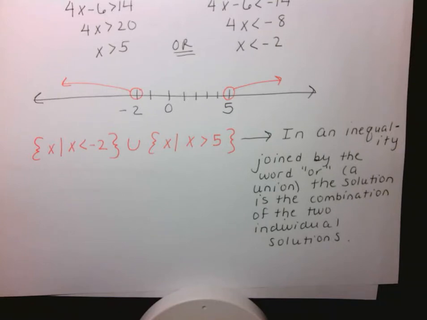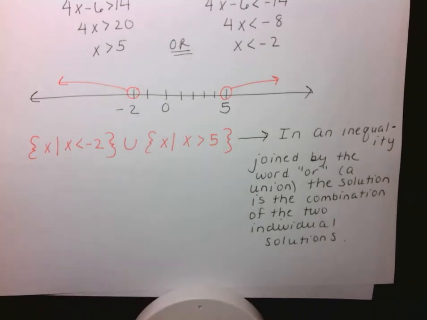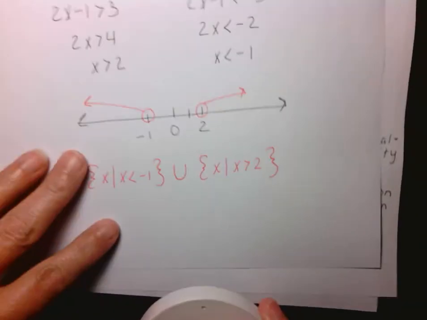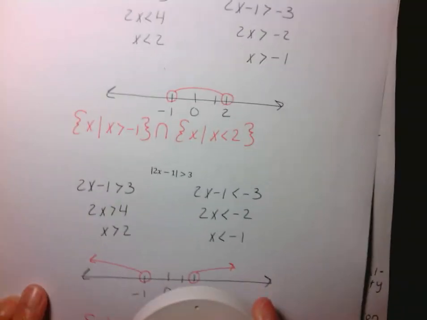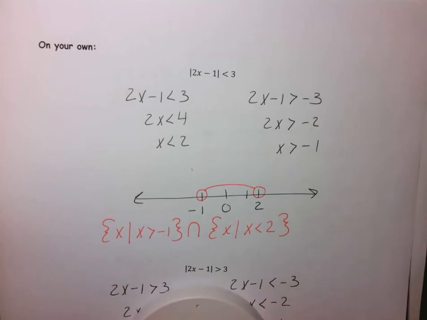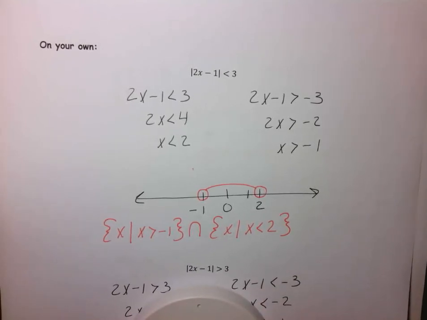Okay, go ahead and hit pause and work out the 2 on your own problems that I gave you. When you work this first one out, you find that this is an intersection of 2 sets.